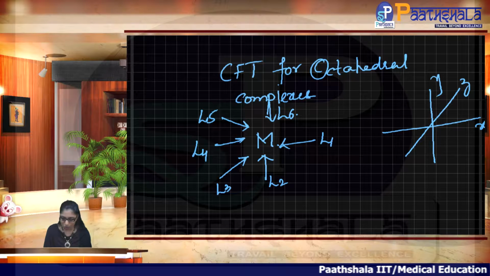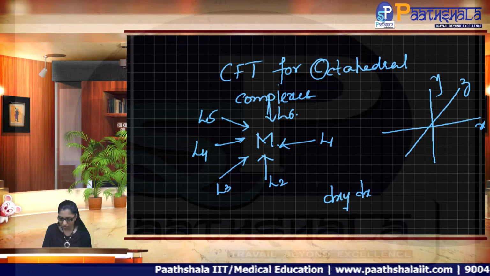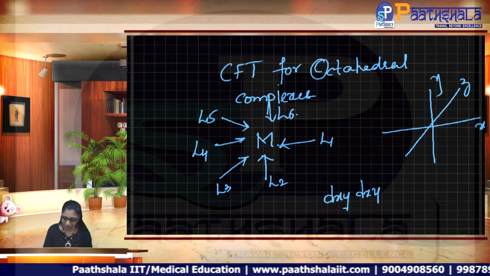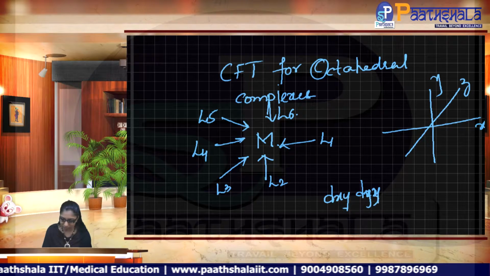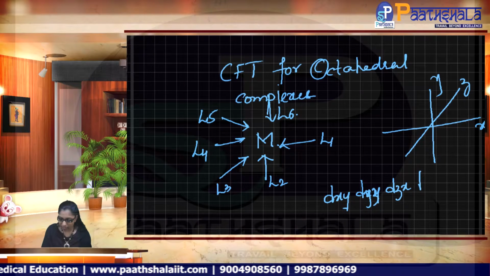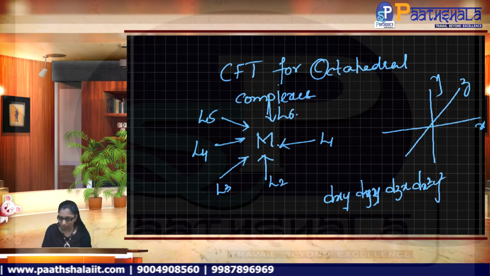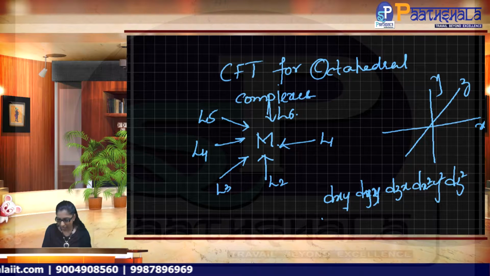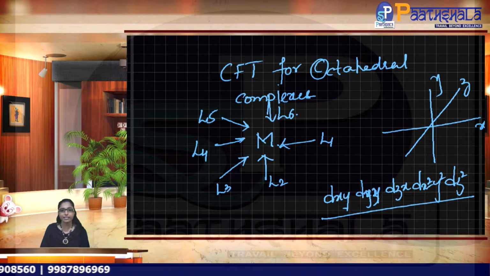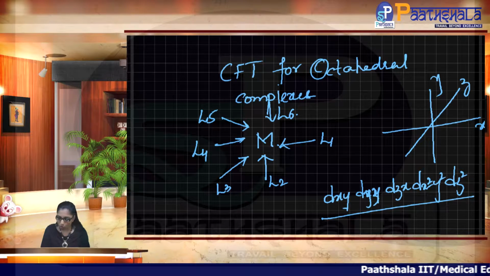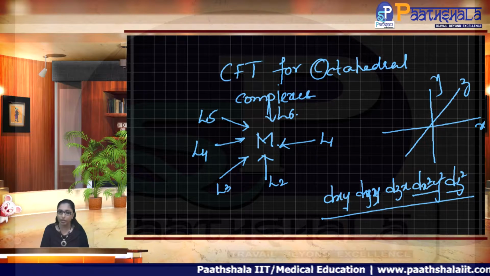If we have a look at the d subshell, the degenerate orbitals of d are dxy, dyz, dzx, dx square minus y square, and dz square. And since the ligands in an octahedral complex approach the metal atom via the axis, the two orbitals that are present along the axis are dx square minus y square and dz square.